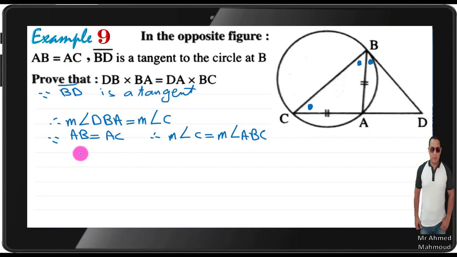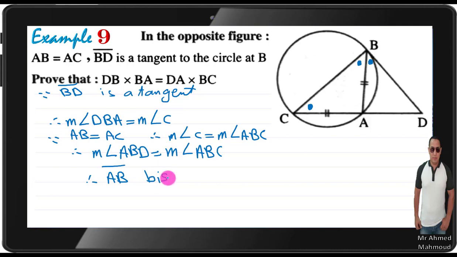Therefore measure of angle ABD equals measure of angle ABC. Therefore AB bisects angle DAC.